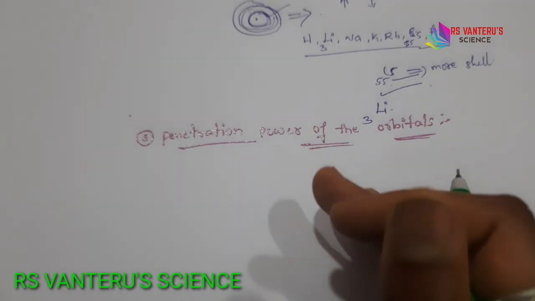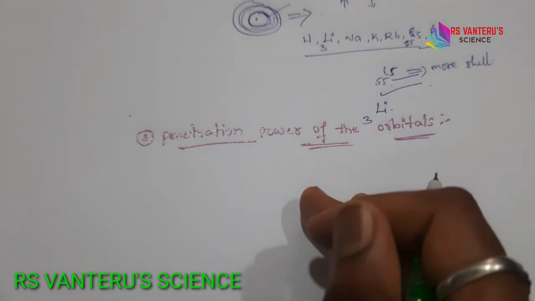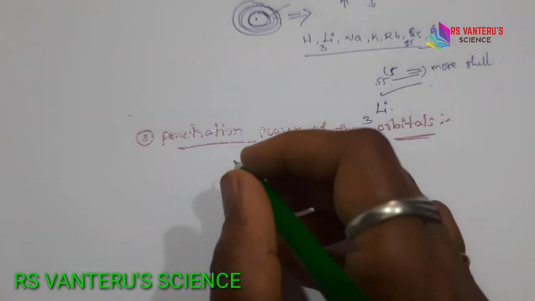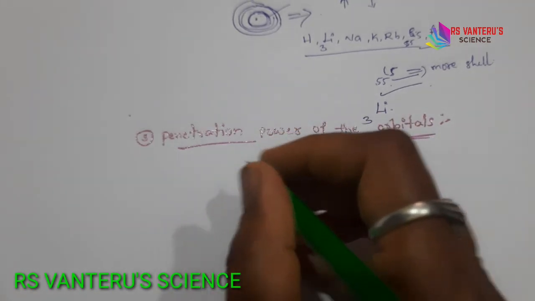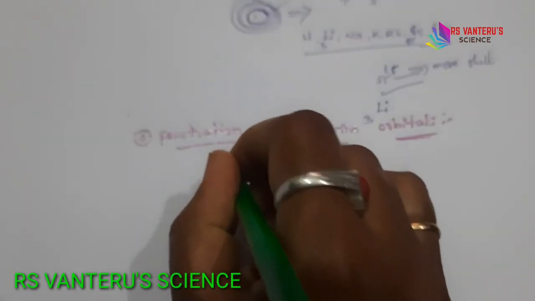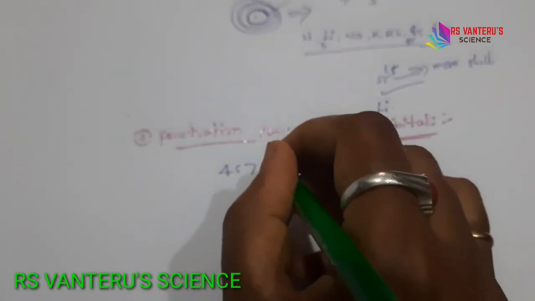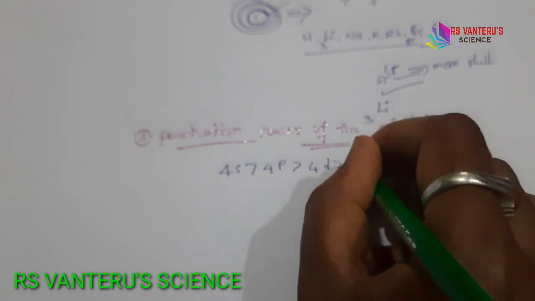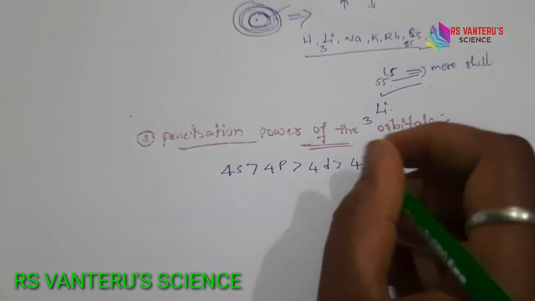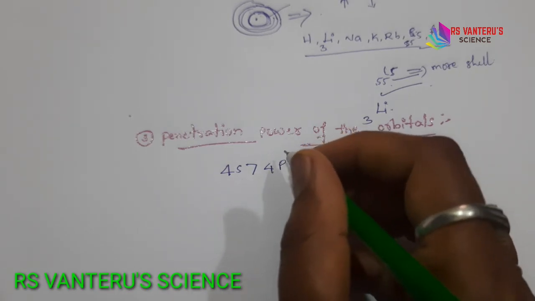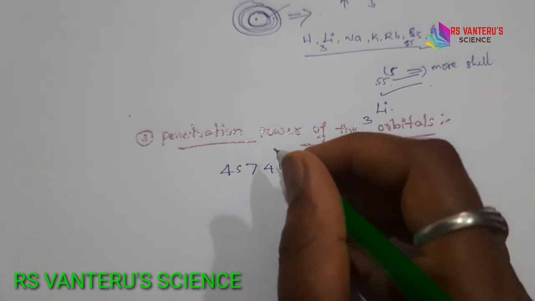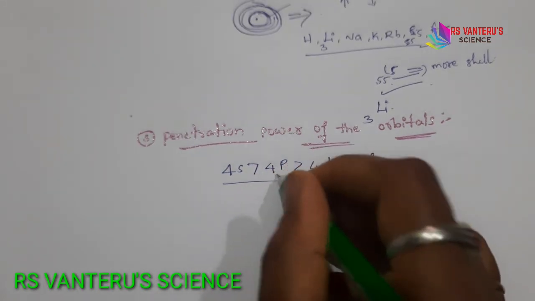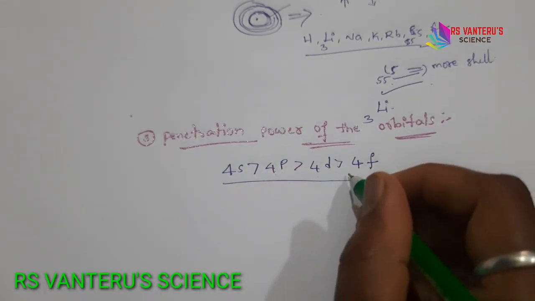For example, in the fourth shell, the order is 4s greater than 4p greater than 4d greater than 4f.